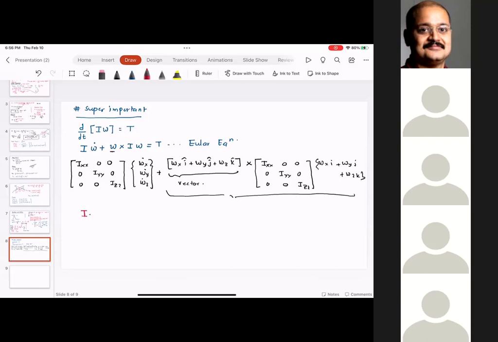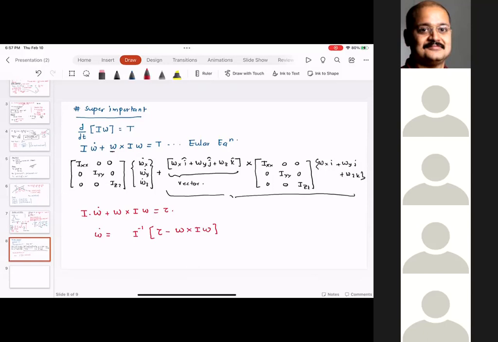This equation is I omega dot plus omega cross I omega is equal to tau. What I'm going to do is take omega dot on one side: omega dot equals tau minus omega cross I omega, and then use I inverse.